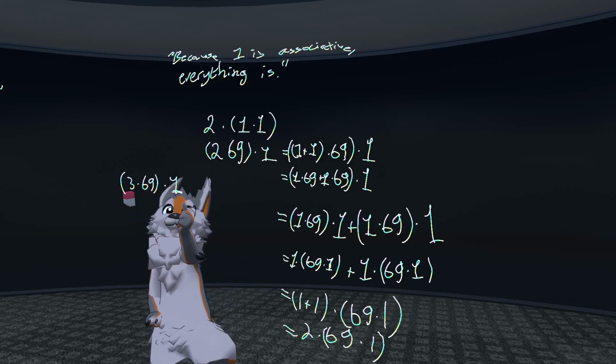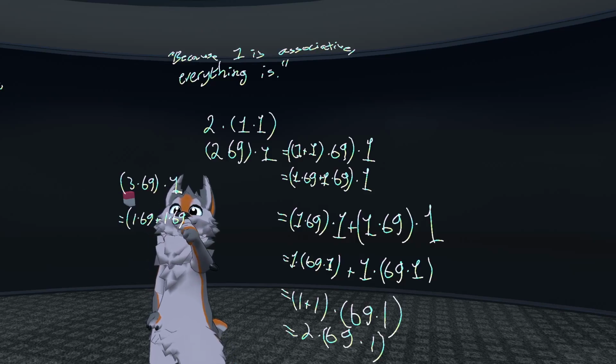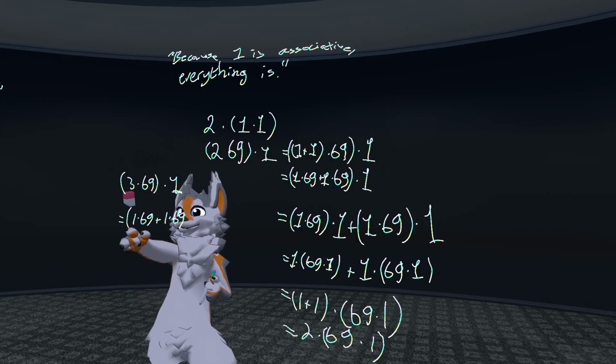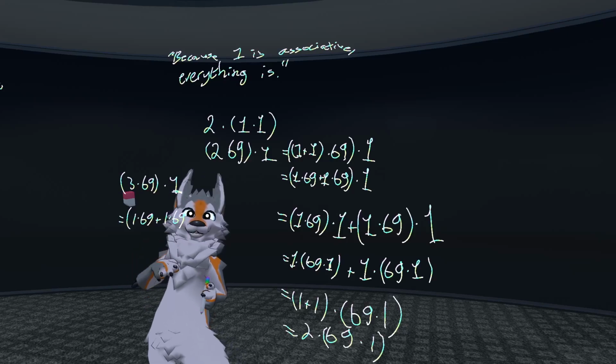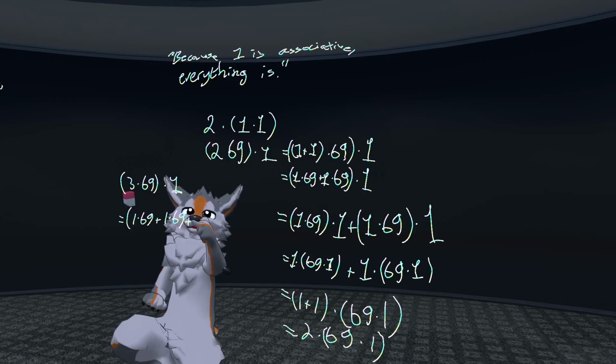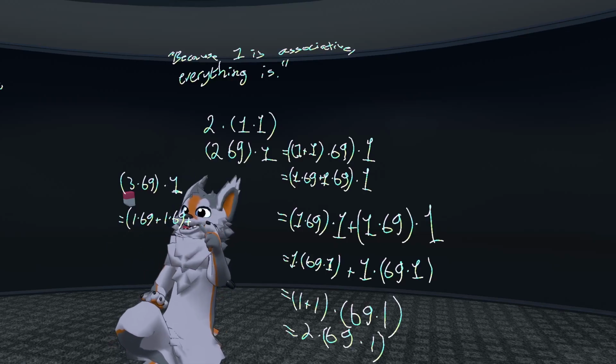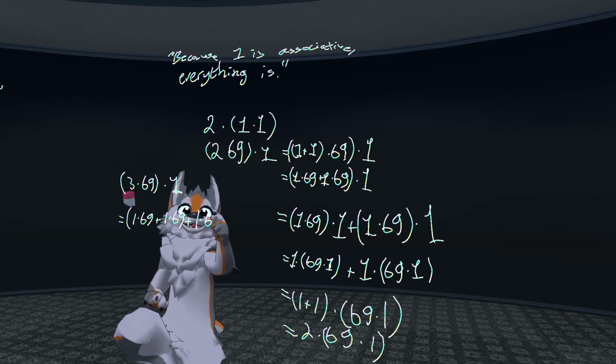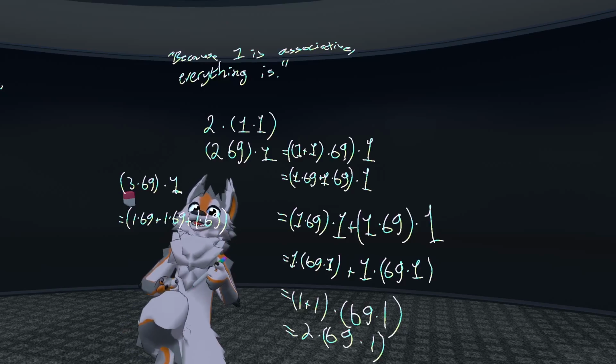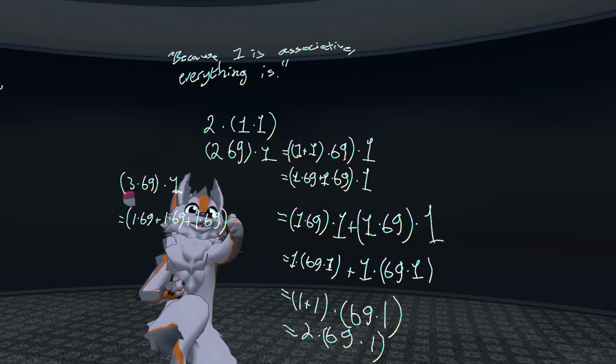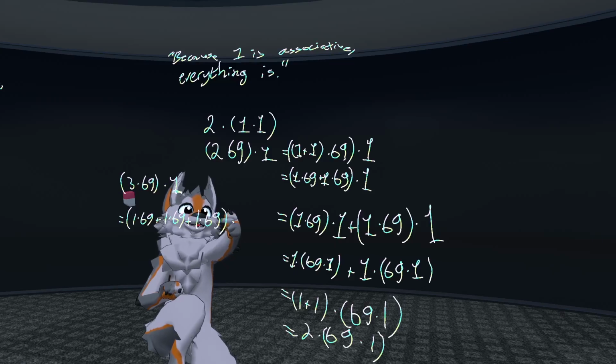So let's see here. We're going to write this 3 as 1 plus 1 plus 1, right? Which allows us to write this as 1 times 69 plus 1 times 69, and I'm using distributivity here. And I'm choosing to write these ones in a slightly simpler way because I feel like it's easier to read if I do this. So 1 times 69, and then we're still going to multiply that by 1, right?